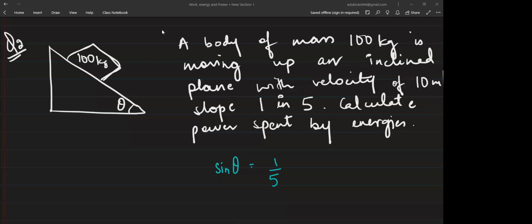It's given as sine is 1 in 5, where 1 is basically the perpendicular and 5 is the hypotenuse. Mg sine theta, yeah, okay. If you involve theta, then your answer is fine, Zainab. Others also using this answer.